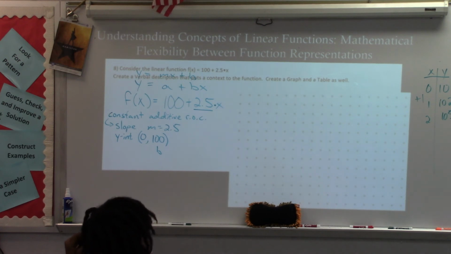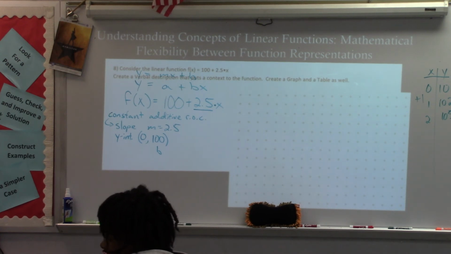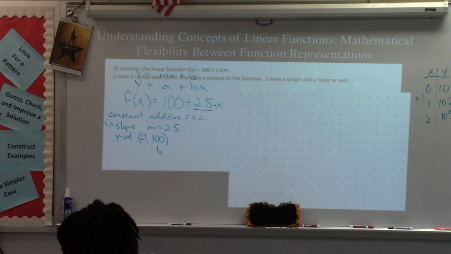You've got calculators. Stop being scared to use your calculators to check yourself. 25 divided by 10, what do we get? 2.5. It's 5 over 2, 5 divided by 2. Does anyone remember how we can get that into a decimal though? Control and then enter. Because remember, we're trying to compare that to 2.5.